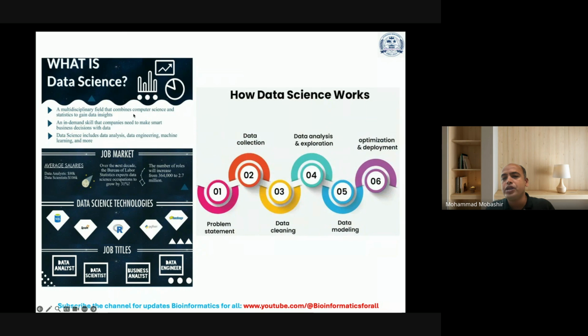Then there is some small class 10 level statistics or mathematics which you need to just know, and then try to go for coding, how to code those things in R, MATLAB, Perl, or Python. Here, these are some of the pillars. For example, you need a computer, basic mathematical and statistical knowledge, communication and visualization, domain knowledge.